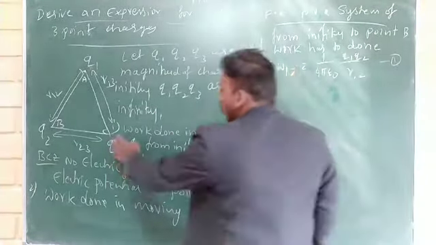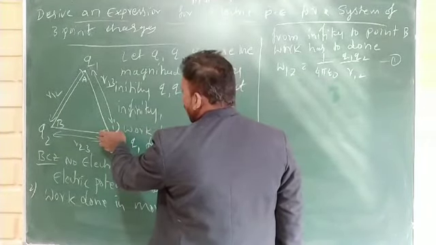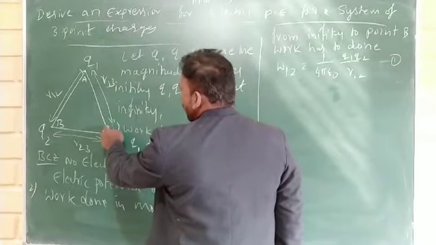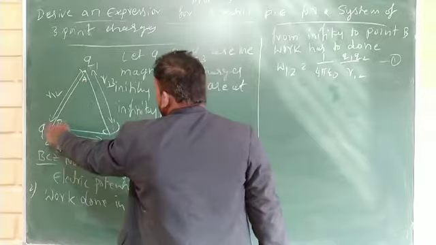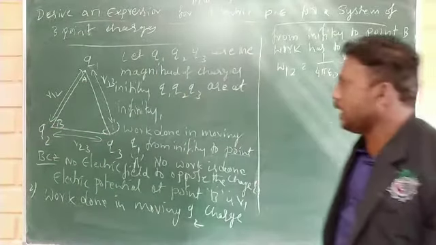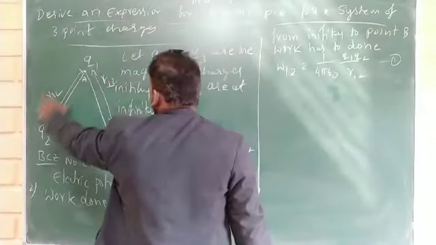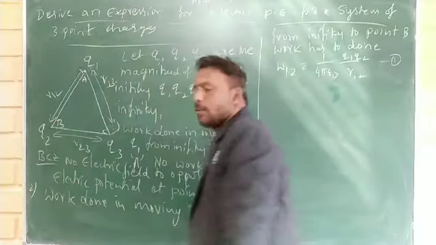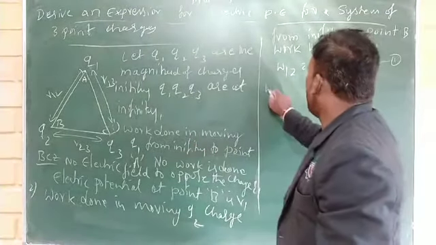Similarly, work done in moving the Q3 charge from infinity and placing it at point C. Therefore, work done due to the Q1 charge and Q2 charge, that is W13 and W23. The electric field due to Q1 and the electric field due to Q2 oppose the motion of the charge Q3.